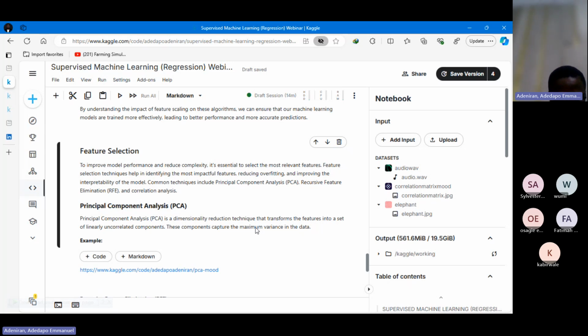So it's going to create new features, or new axes or dimensions, that capture the maximum variance in the data. We can have any number of principal components, depending on how much is being captured by the number of principal components that you are considering.